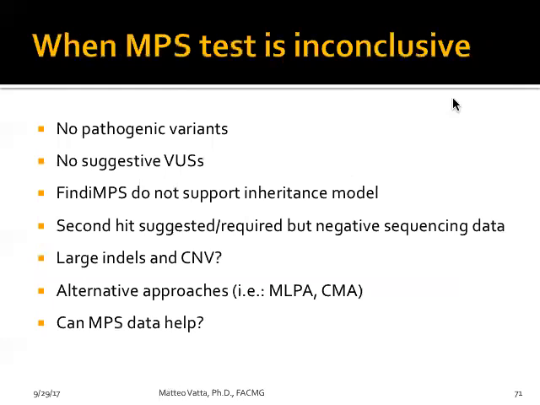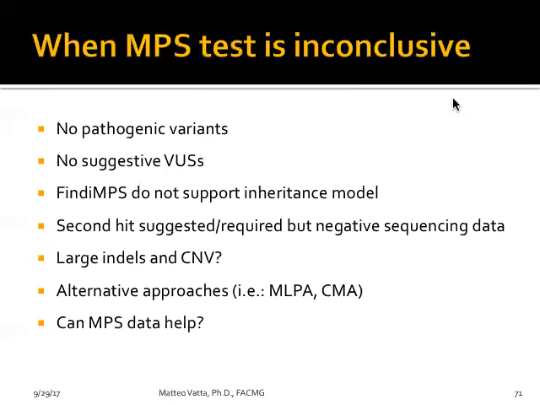So what happens when the massive parallel sequencing is inconclusive? You have a negative panel, negative exome, negative genome sequencing. You don't have suggestive variants of uncertain significance, or the MPS data do not support the inheritance model that you have generated for that particular patient.